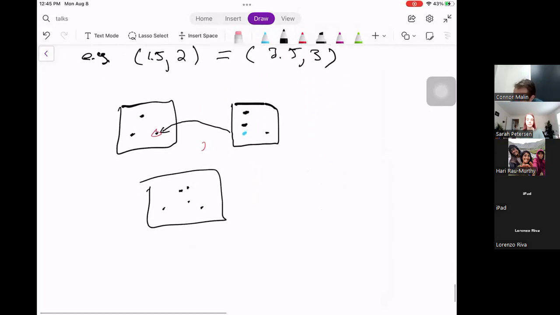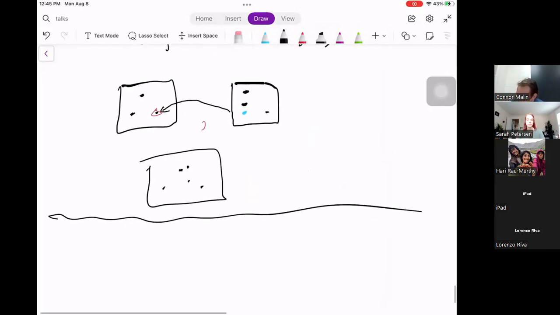So one thing we can do is a more general construction.